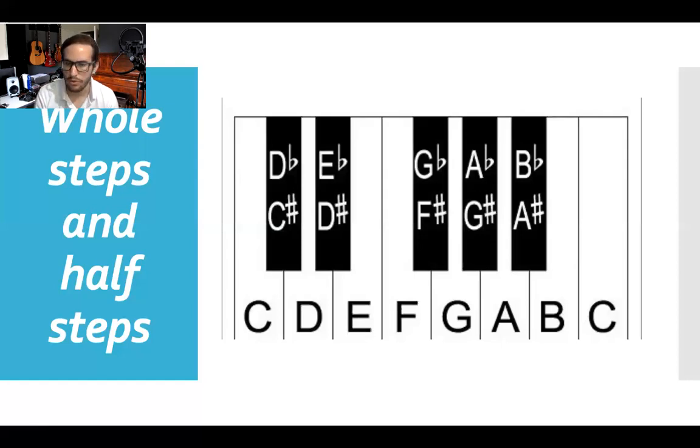So don't worry about that. It's just one note that has two different names. So C sharp is the same as D flat, D sharp is the same as E flat, F sharp is the same as G flat, G sharp is the same as A flat, and A sharp is the same as B flat. Now guys, if you are not following this, don't worry.